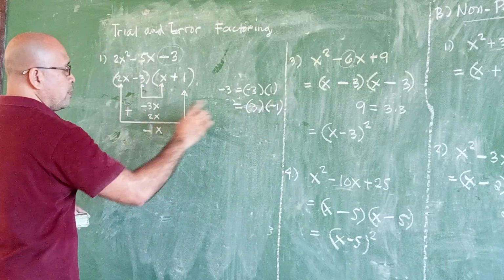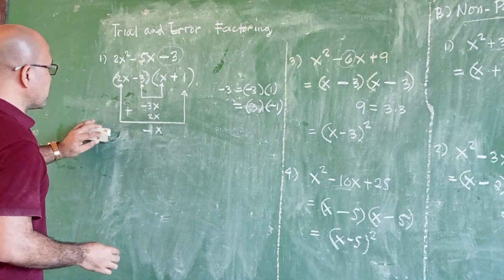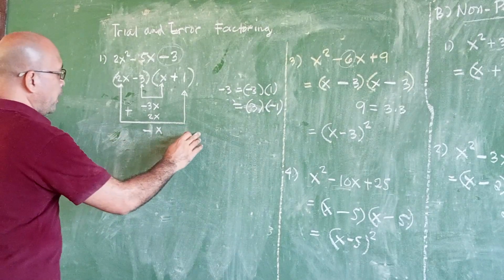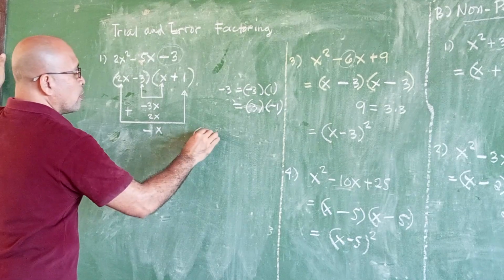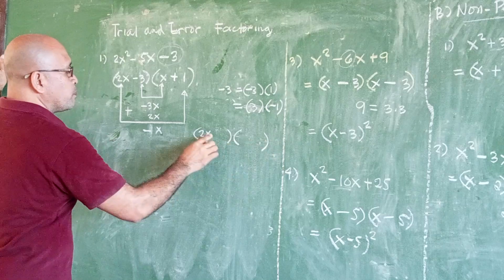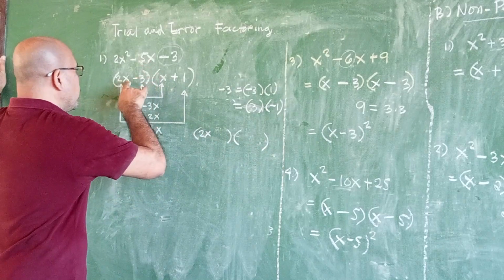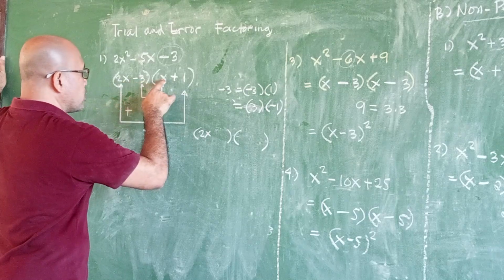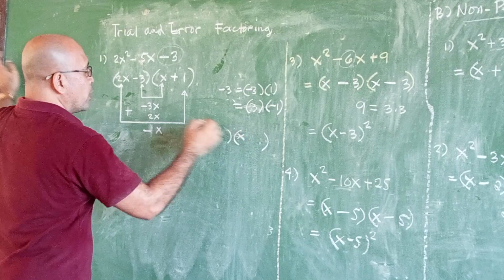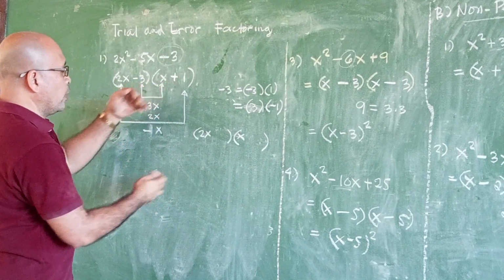Okay, so we have tried these first factors of negative 3. And this time, after using 2x minus 3 and x plus 1, you are going to switch the last term, or interchange.